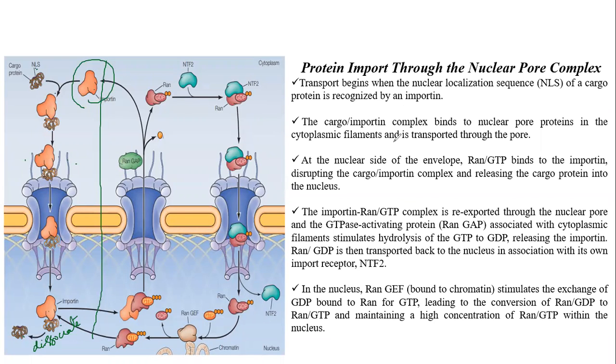Yes, ma'am. Okay. Now, importin should always be in the cytoplasm, correct? Then only can it function. So right now, we need to take importin out of the nucleus to the cytoplasm.